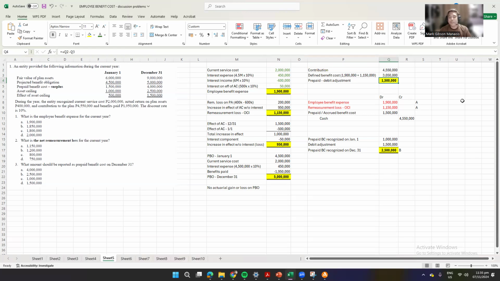So ito pa lang yung debit adjustment. So we have prepaid benefit costs recognized on January 1 for 1 million pesos plus debit adjustment. No? So ito yung result kanina, 1,500,000. So just get the sum to calculate your prepaid benefit costs recognized on December 31. So that's 2,500,000. Okay, so that's a problem on the asset ceiling.